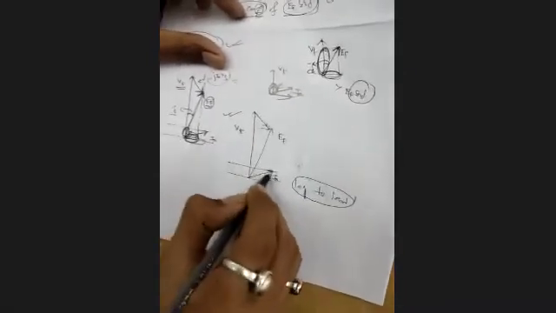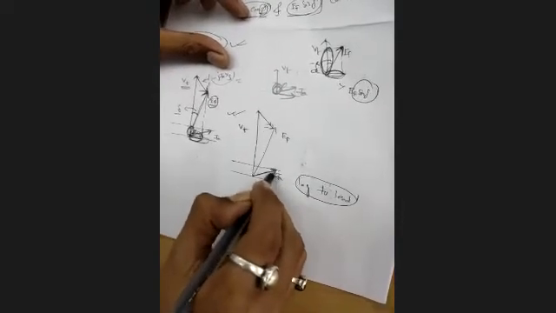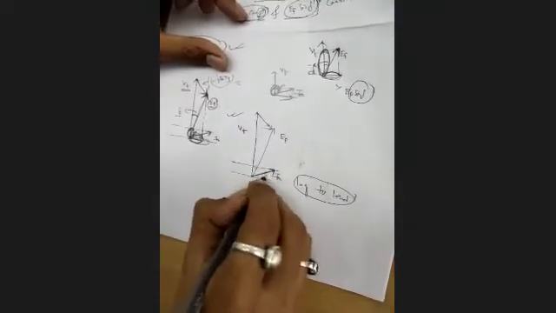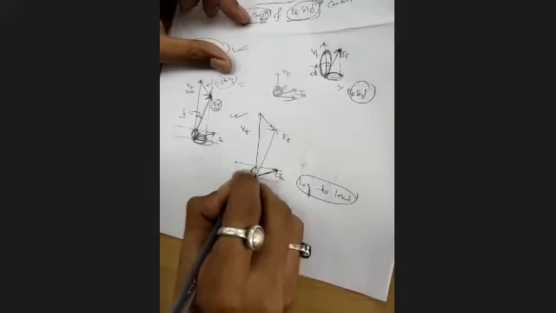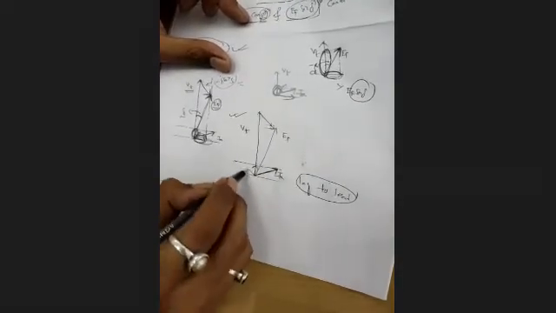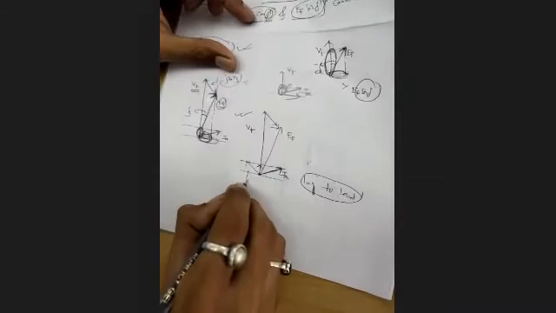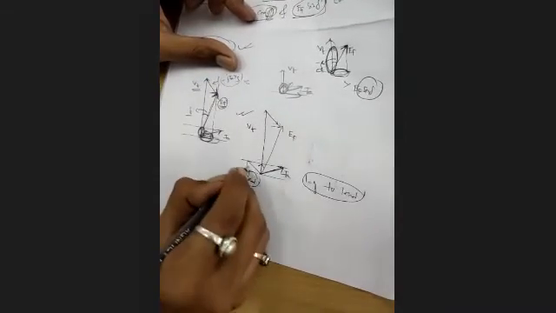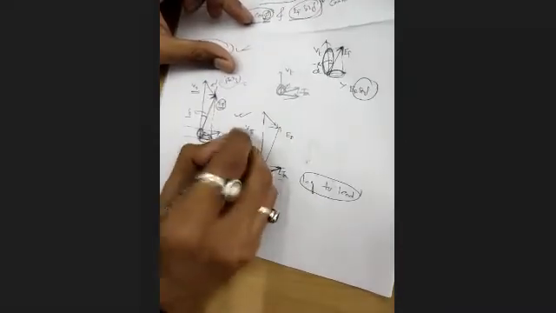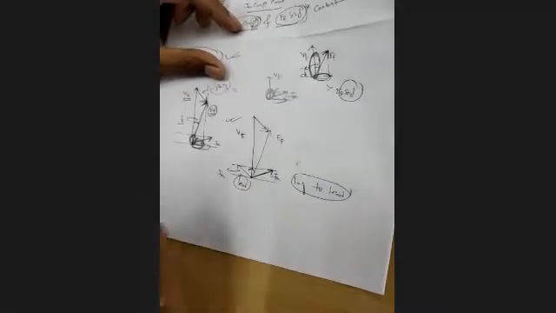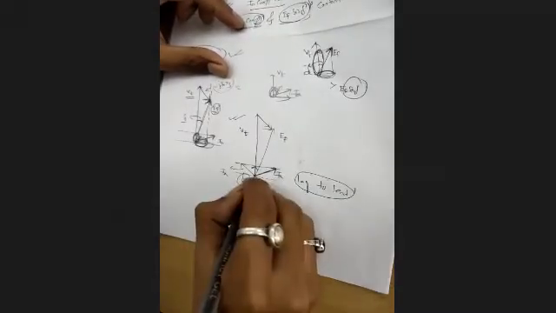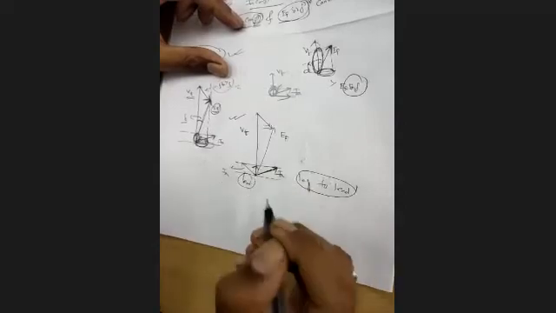Suppose it is Ia in lagging condition. In this position it is unity power factor, and in this position it is leading, because here Ia leads the terminal voltage Vt. In this other position, Ia is lagging.